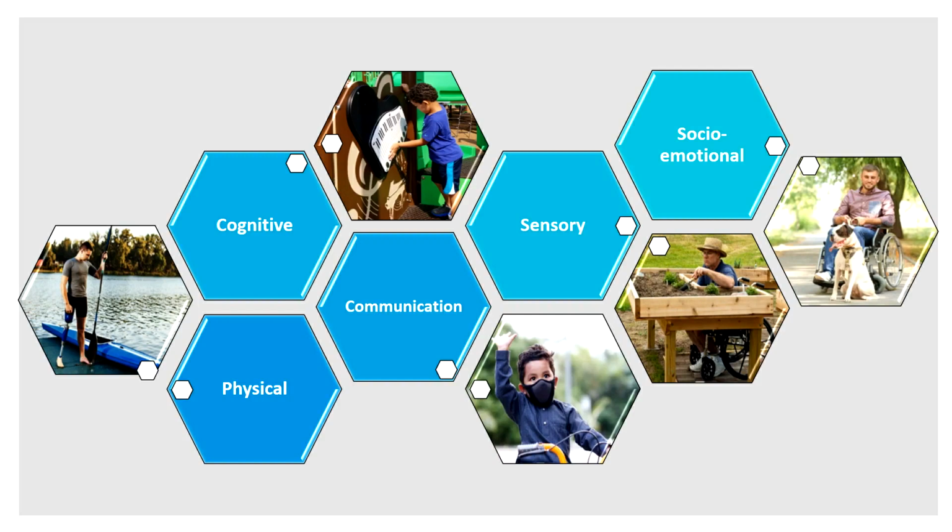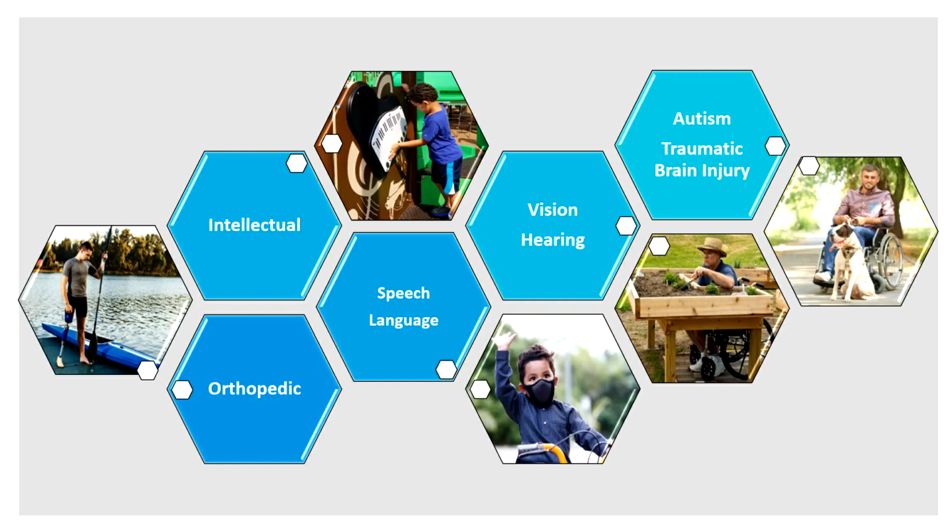So again, with all these types of things that you need to think about, who are the people that are going to be using those? Do they have intellectual challenges, orthopedic challenges, needing assistance? Think about speech and language, children and adults, vision issues, hearing problems.